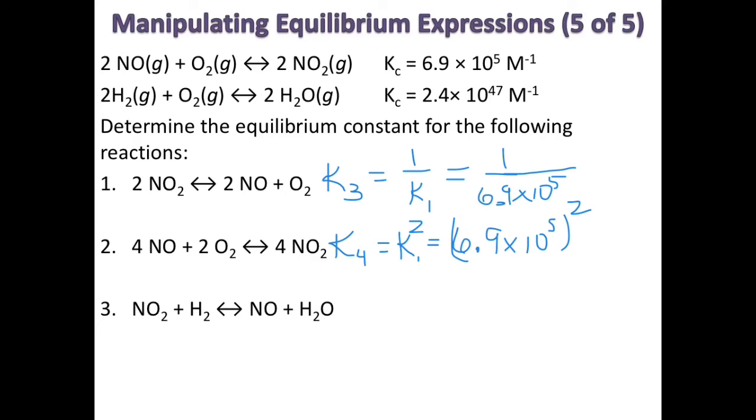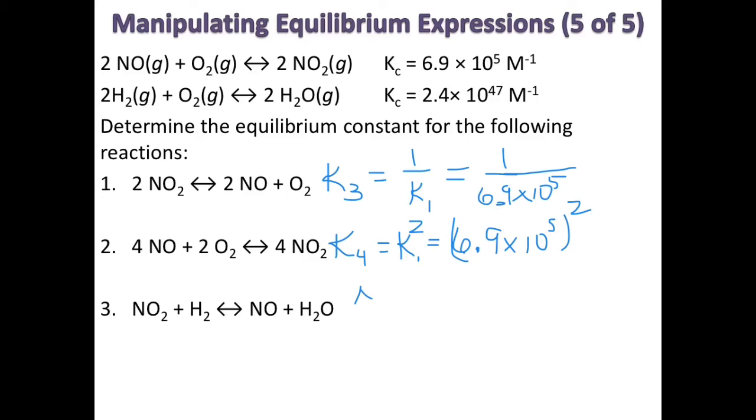On the last one, what we have is NO2 plus H2 makes NO plus H2O. We get the NO2 from reaction 1 by taking half of it and reversing it. So that's kind of tricky.